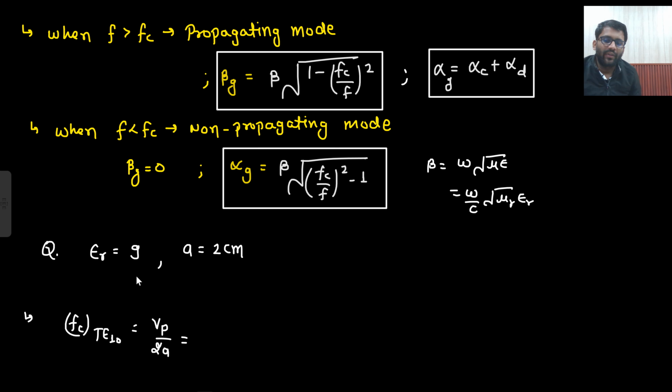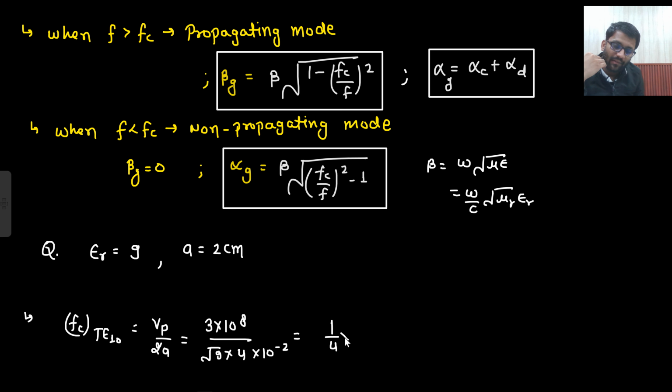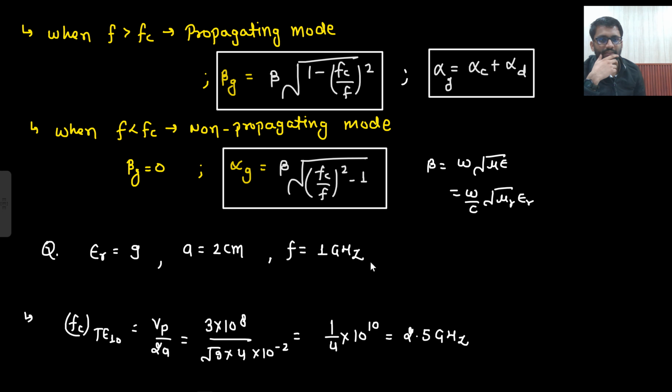So 3 into 10 to the power 8 divided by under root 9 into 4 centimeter. What are you getting? 1 by 4 into 10 to the power 10, so 2.5 gigahertz. So this is the Fc. Now I can give you the frequency, that is given as 1 gigahertz.